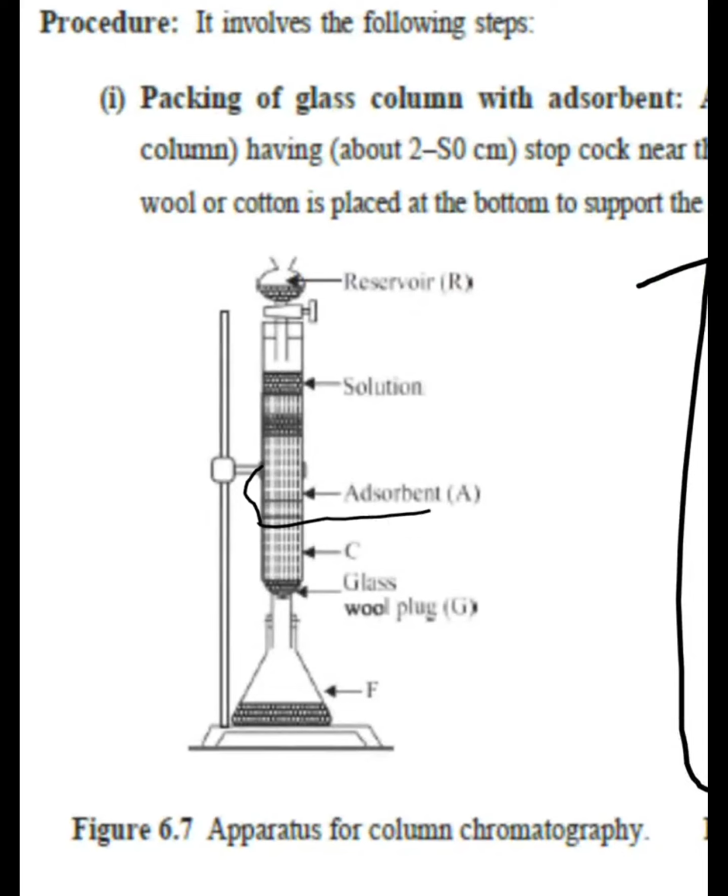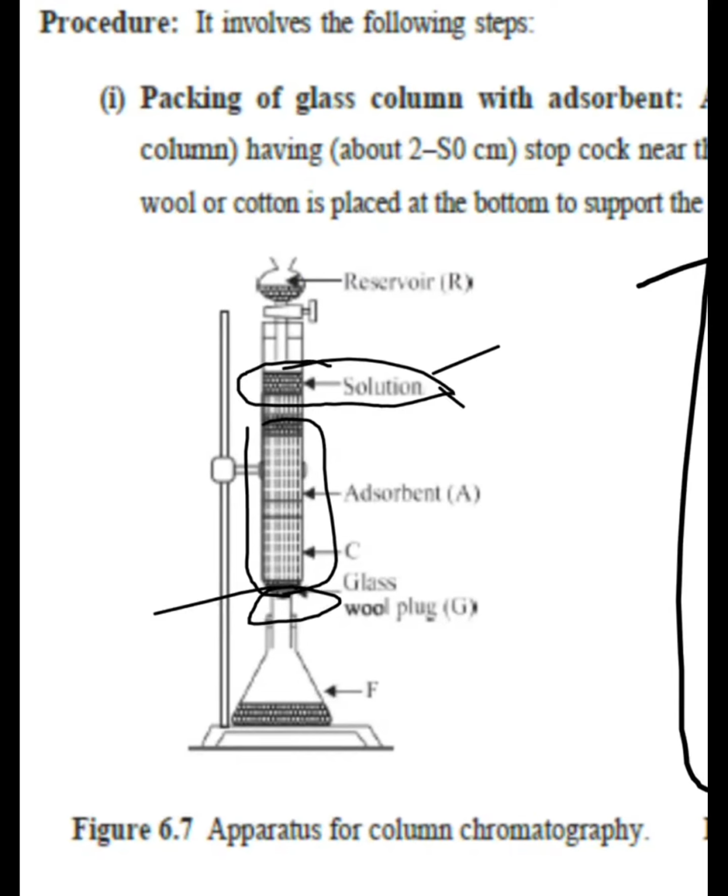This is the adsorbent area, and here we add glass wool or cotton for the separation. Further, this solution is known as the mobile phase. The mobile phase is nothing but the solvents used for the separation, and the adsorbent is the stationary phase.